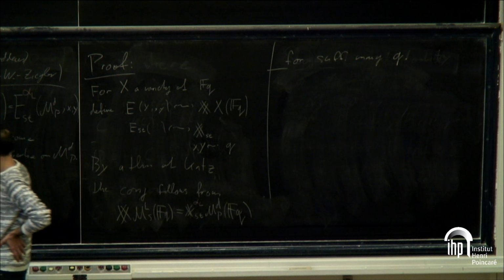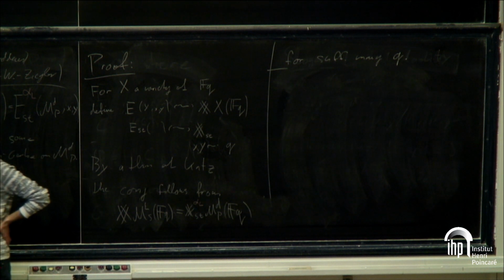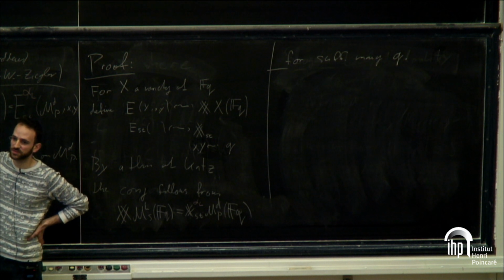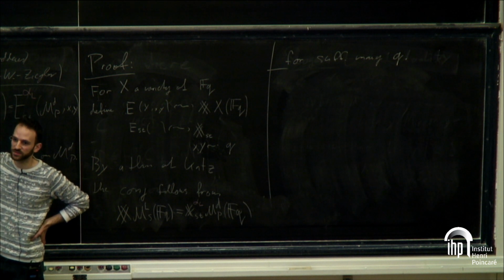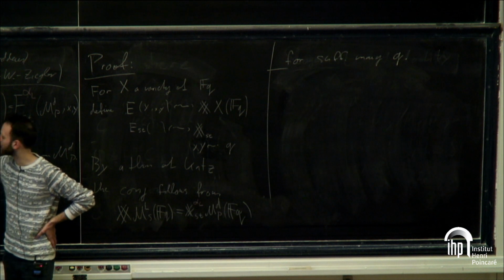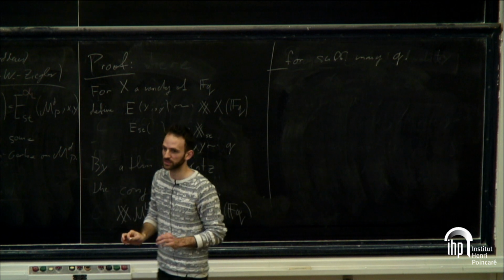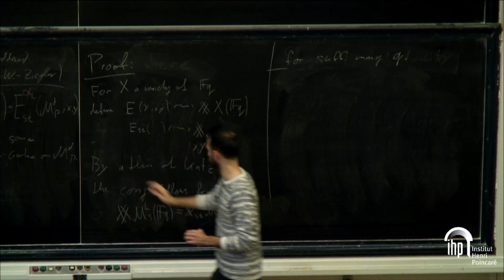Right, so it's the same. You will have a local system on these guys, and instead of just counting, you will take the trace of Frobenius at each rational point of that local system. It's what the Grothendieck-Lefschetz trace formula tells you to do. There's no real choice you have.